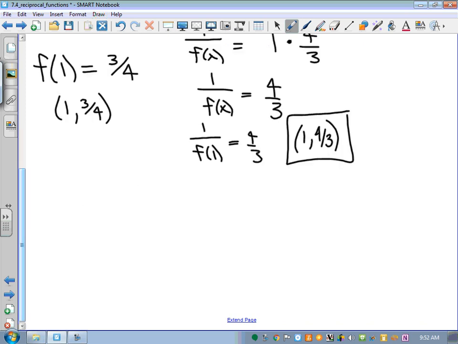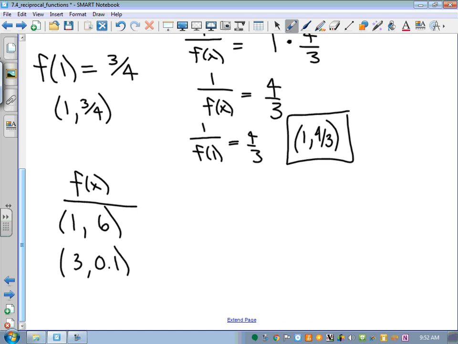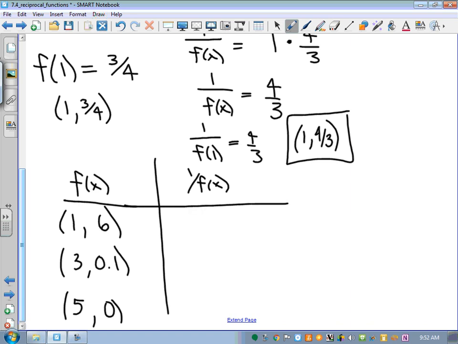I just want to grab a couple points, and I'm just going to make these up. So say we knew that 1 comma 6, 3 comma 0.1, a very small number, and then the other example we're going to run into, which is 5 comma 0. If those are on the graph of f of x, then on the reciprocal, and this is confusing for a lot of students, the x isn't changing.